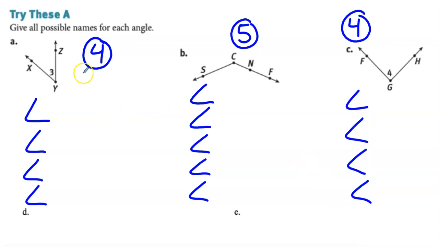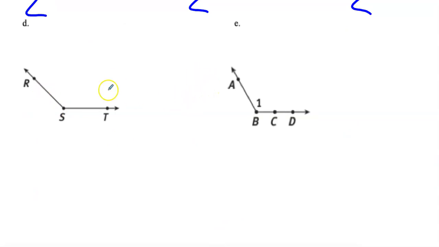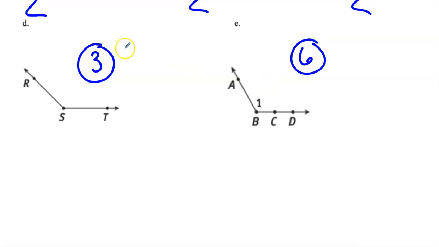So press pause and try these on your own. I also want you to try Part D and Part E. Part D has 3 names, and Part E has 6 names. Okay? So press pause and try these on your own.